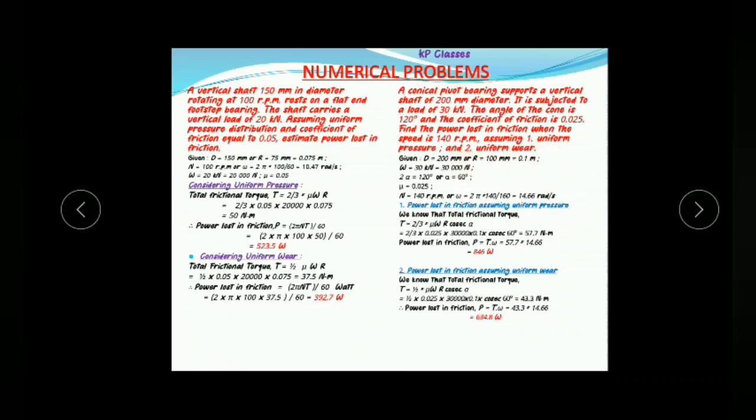Considering second case, that is the uniform wear, what will be the power lost? We know that the total frictional torque T for uniform wear formula is half mu WR cosec alpha.